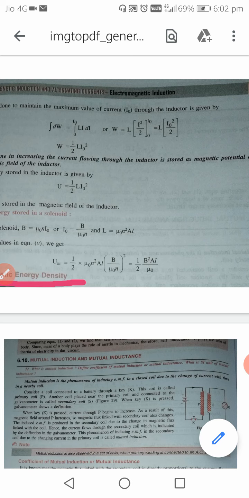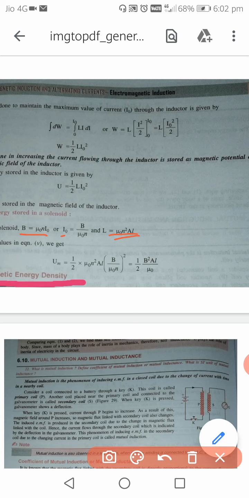Anyways, we can modify this expression from this formula we have. B equals mu naught n I, but here the maximum current is I naught, so we modified this equation to the form mu naught n I naught. So from this, I naught equals B by mu naught n. And for a solenoid we know the expression for L, which we had already derived.